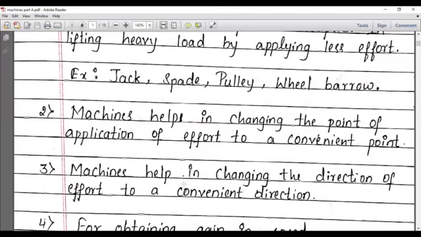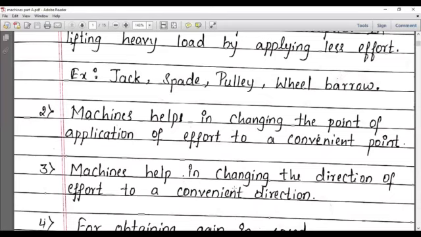The third one is machines help in changing the direction of effort to a convenient direction. See here, if a bucket full of water is lifted up from a well without the use of a pulley, it will become a little difficult for you.